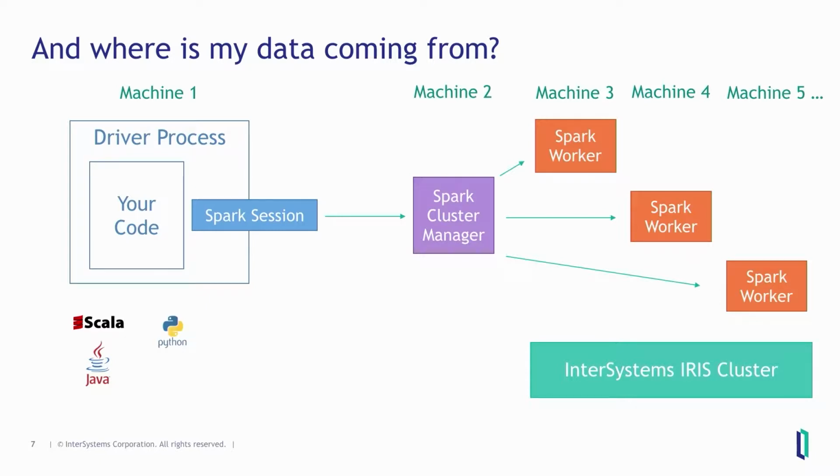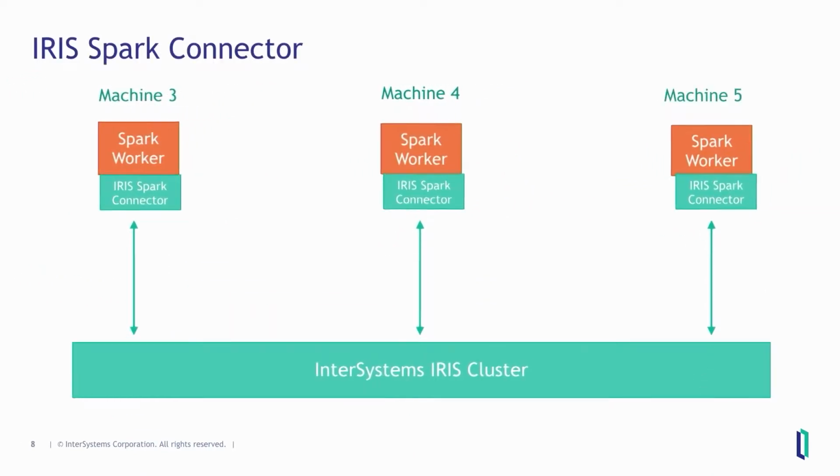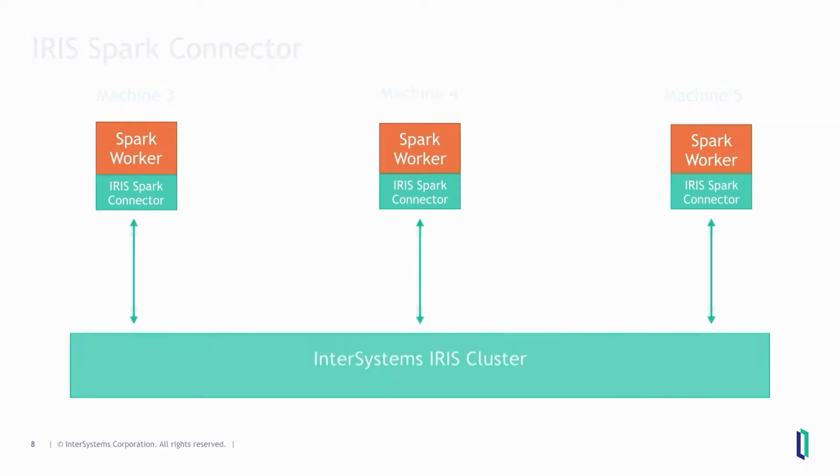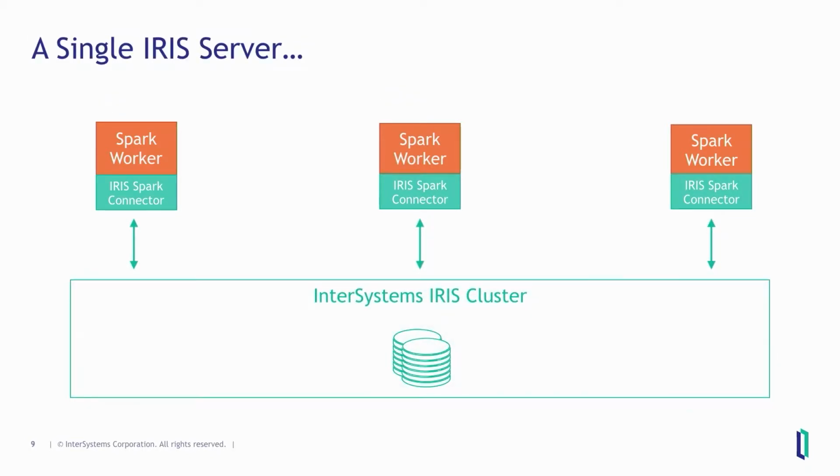So for Spark to access the data in IRIS, we have a Spark connector, right? And the Spark connector allows each worker to independently connect to IRIS and fetch the data. So you can start with a single IRIS instance, like I just have one database. I don't have sharding, you don't even need mirroring. Just a database.